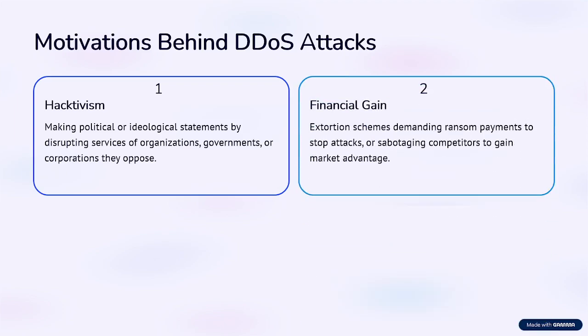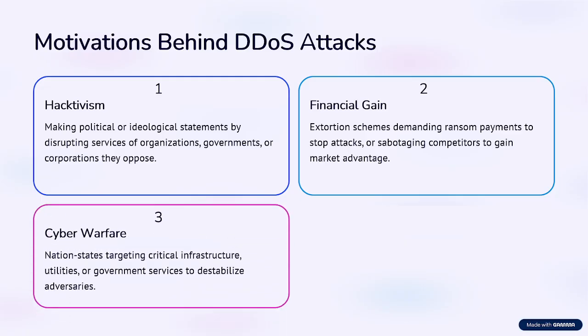Next is financial gain, a very common motivator. This includes extortion schemes where attackers demand ransom payments to stop ongoing DDoS attacks. Alternatively, competitors might use DDoS attacks to sabotage rivals, gaining a market advantage or disrupting their operations for profit.